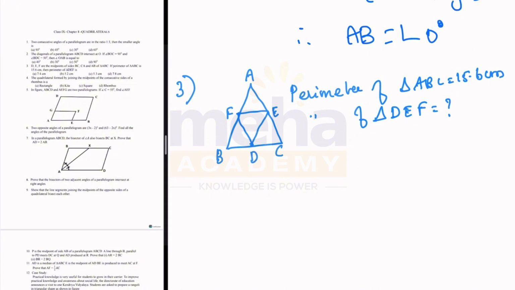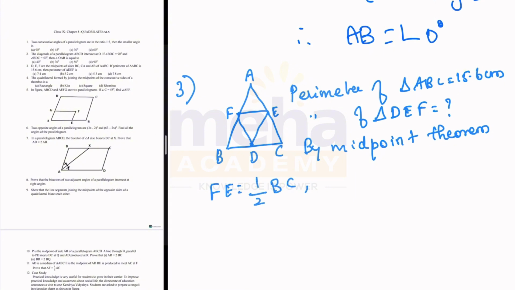Since they are talking about the midpoint, I'm going to apply the midpoint theorem. By midpoint theorem, we know that FE is equal to half of BC.